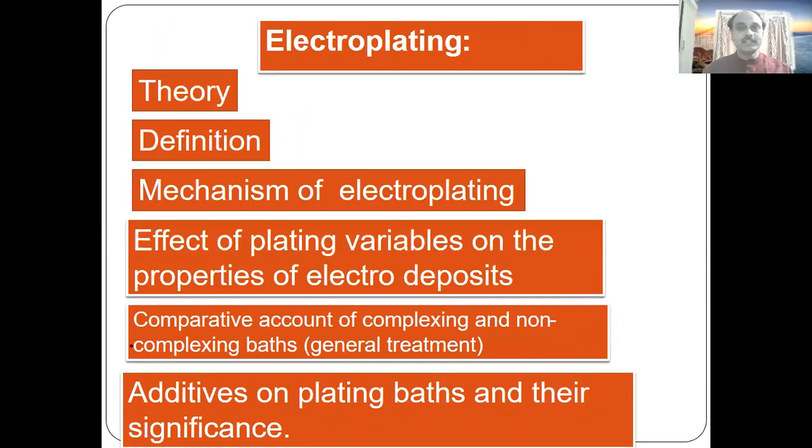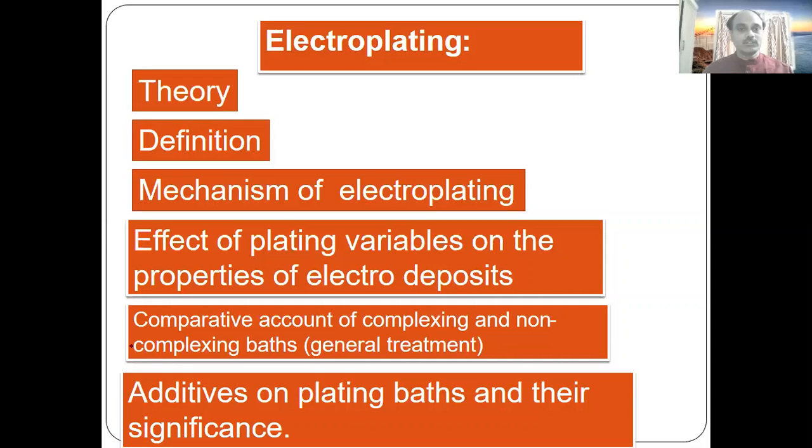And electroplating, the electroplating is one of the important phenomena or a procedure for coating of a certain desired metal onto another metal. So electroplating nowadays is a very big advanced topic for the research as well as for the industries.